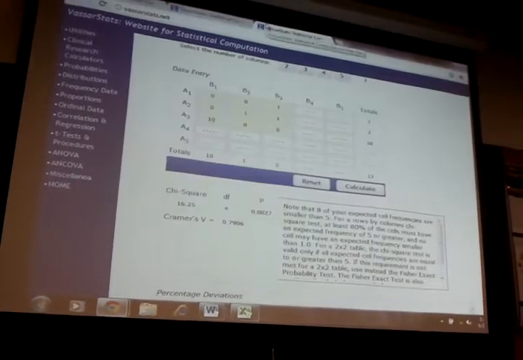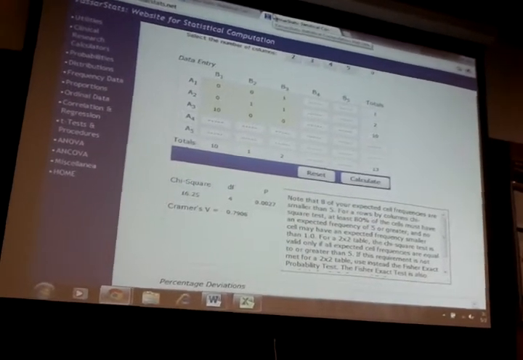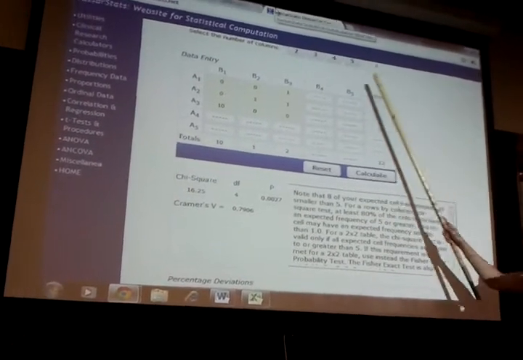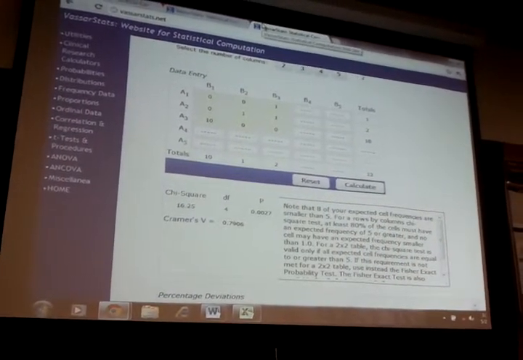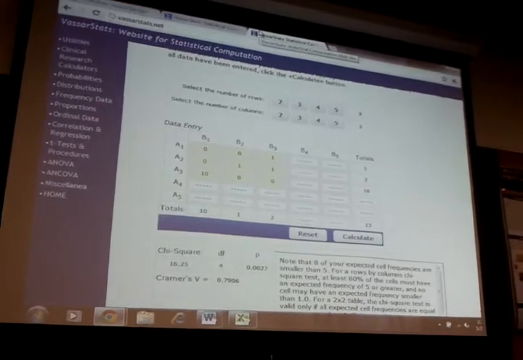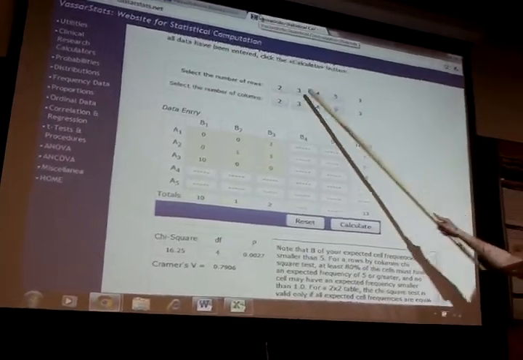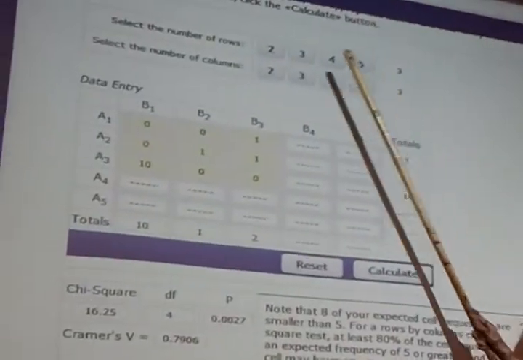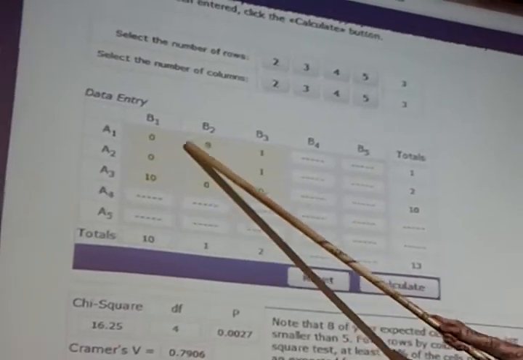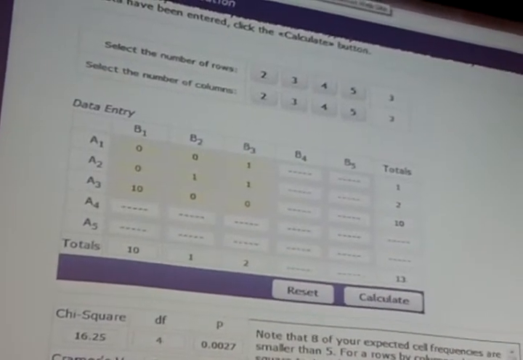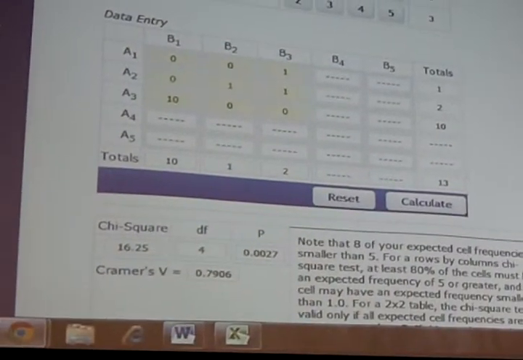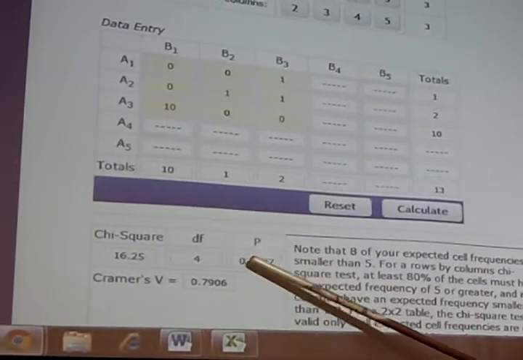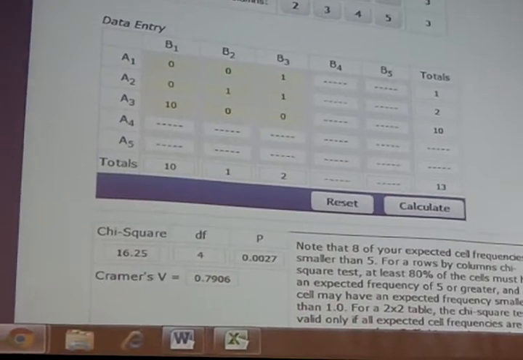Again, those instructions are also posted on Blackboard. And then this is the setup that you have. You put in your number of columns and number of rows, 3 and 3. And then you put in your information from the contingency table. You copy it directly, hit calculate, and it's going to give you your chi-square value, degrees of freedom, and your p-value.